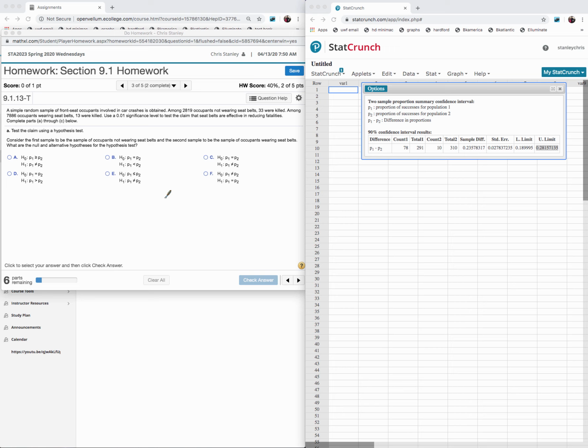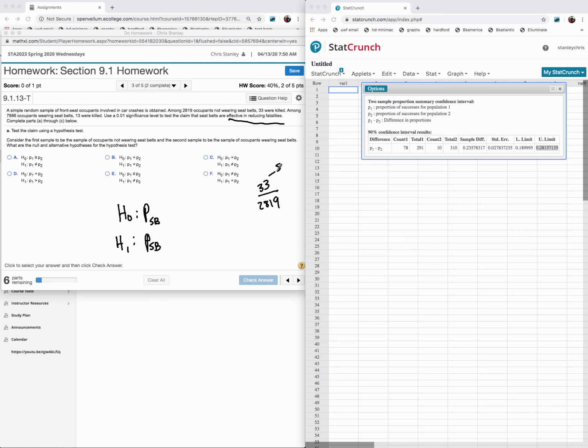So if effective in reducing fatalities, then the proportion of people that wear seatbelts and get killed would be less. I'm going to write my null and my alternative. Okay, so we just have to think about what this number means. We have 33 over 2819.